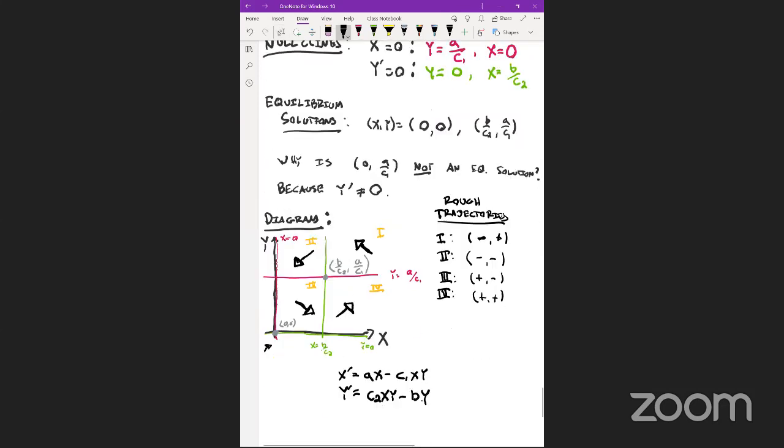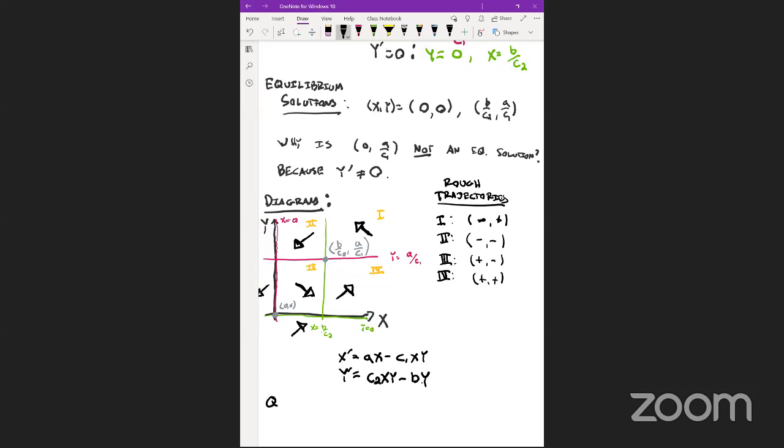If we cross this null line again, x is going to be like that. If we cross this null line, y is going to be like that. So what is the stability type of 0, 0? What would you guess? As we saw a second ago, we have to be a little bit careful with these things, but we can make a pretty good guess for 0, 0.